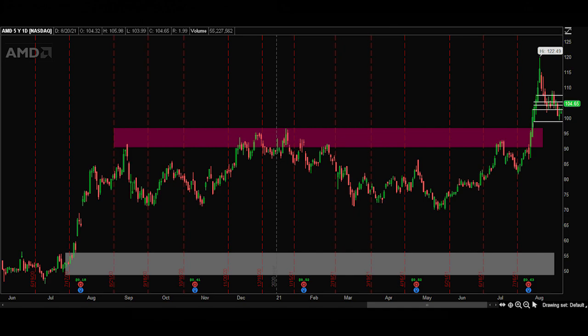That's a very good one that you mentioned, because the more support and resistances you find on hourly and daily time frames, the stronger that breakout would be, and that was a great example because AMD is a perfect one.